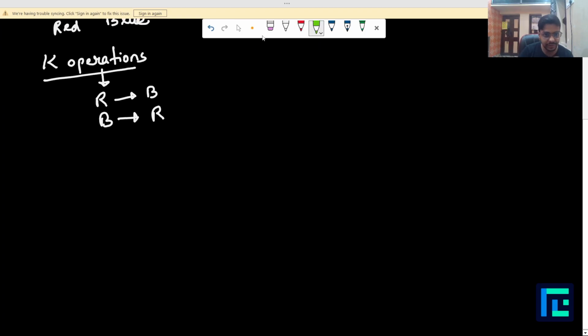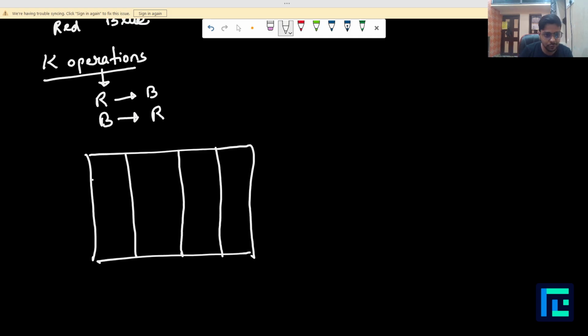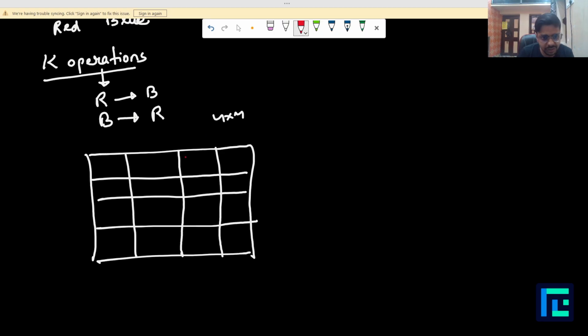So let's suppose this is a grid given. Let's suppose we have a 4 cross 4 grid. Some of the cells here are colored red. Let's suppose this is colored red, this is colored red, this is colored red, and this is colored red. Then let's suppose this is colored red, and this cell is also colored red.